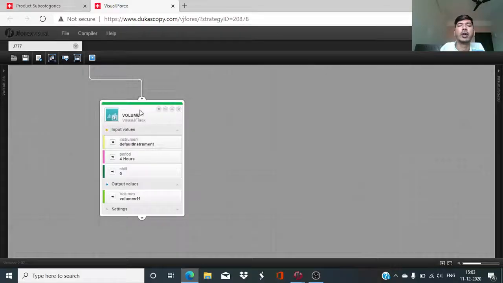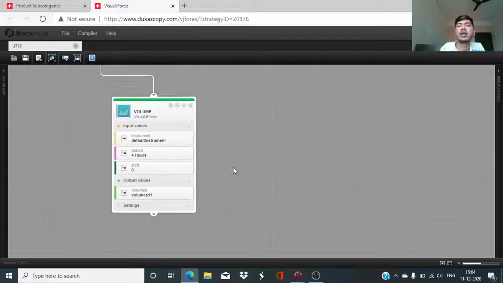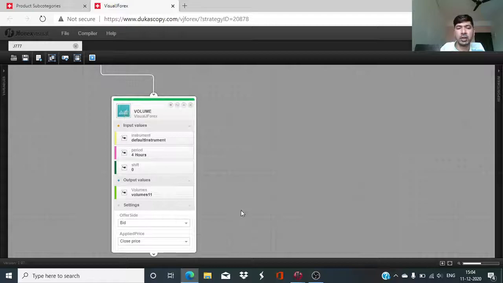You take a couple of volume indicator blocks and put different shift values while keeping the other input values constant, and then you get the similar characteristic volume data, but at two different points in time or at multiple points in time, and then you can do the comparison and see whether the volume is increasing, whether the volume is decreasing, or it is more or less almost flat. So depending on these three input parameters, we get this output value, and this output value then can be utilized to set the conditions.